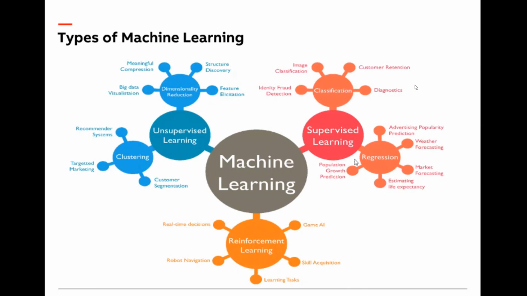For example, image detection, or fraud detection, that is, whether some activity is fraud or not. Or on some diagnostics, whether a patient is having cancer or not. This kind of scenario we learn in classification.